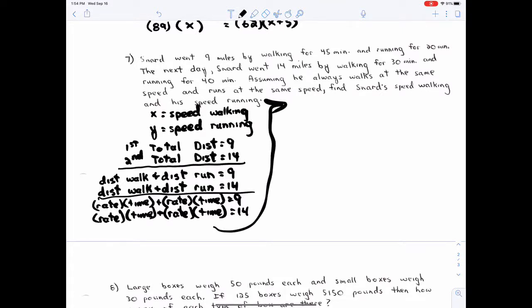Okay, so on the first situation, what's the rate walking? I don't know, that's X, that's what I'm trying to find. What's the time walking? That's 45 minutes.